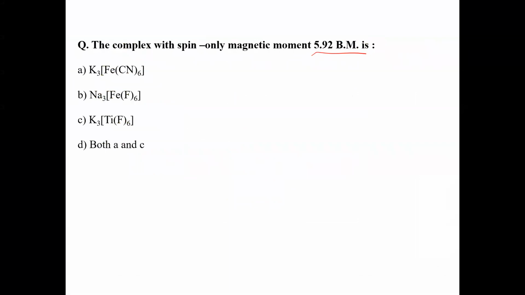So in the first complex, that is Fe in plus 3 oxidation state with a strong field ligand. And what about the second one? It is also Fe plus 3 but with a weak field.